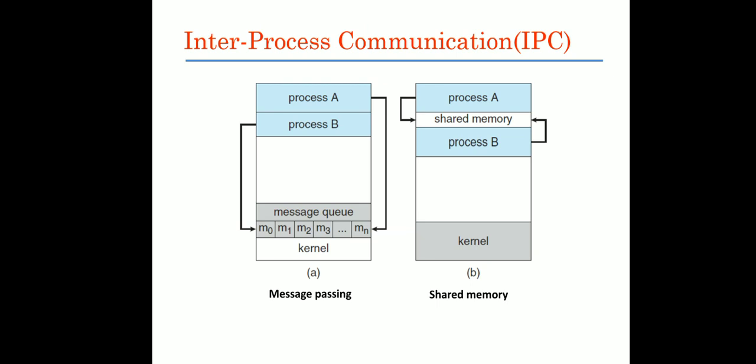To overcome that problem, we introduce one more concept or model called the shared memory concept. Here, instead of sending the message from process A to B through the kernel, process A uses some memory in our system as shared memory that can be shared by a number of processes. Whatever message process A wants to send to another process will be put into shared memory, and whoever wants to use that message will take it from the shared memory.